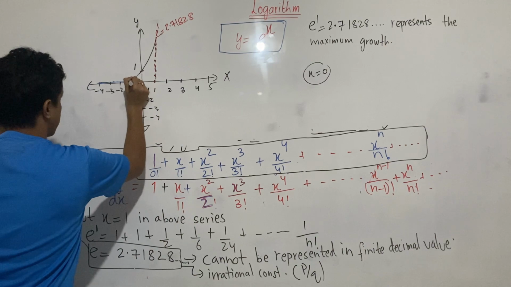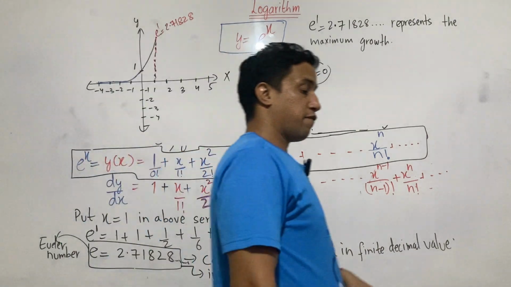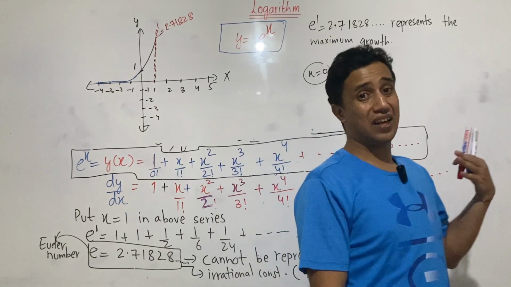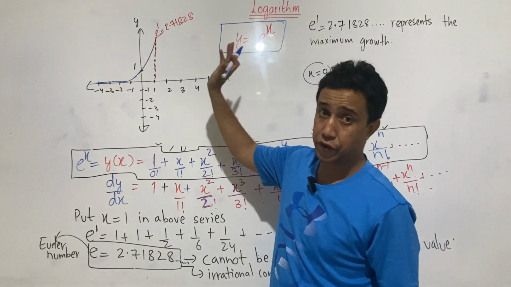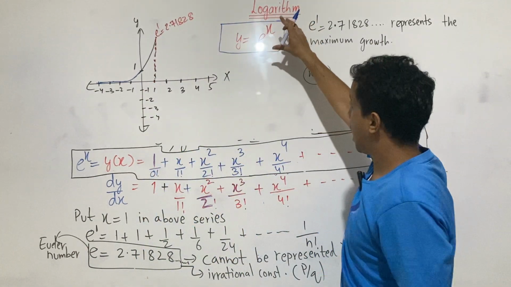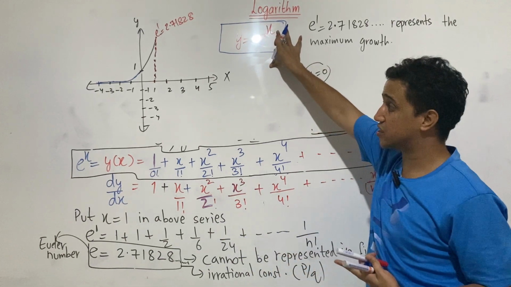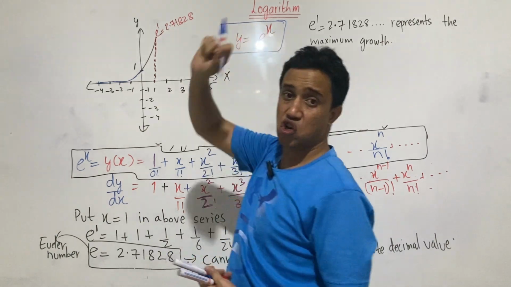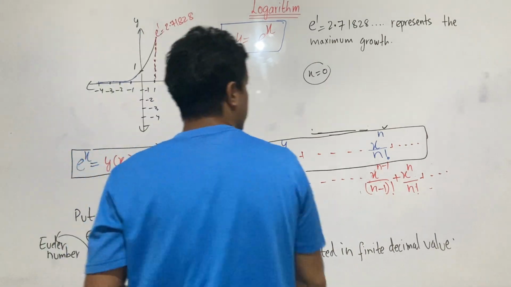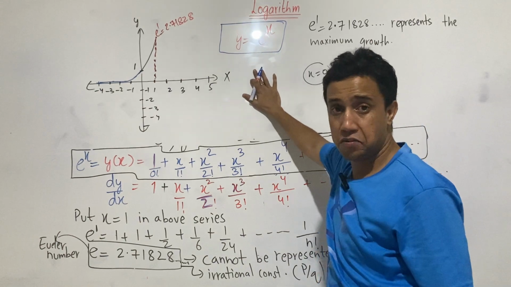Because this function started from 0, y equals 1, and the slope here is going to be 1. Slope 1 means this thing will get bigger. This is obtained by putting x equals 1, so it stops here. So this is going to be the graph of your Euler's number.